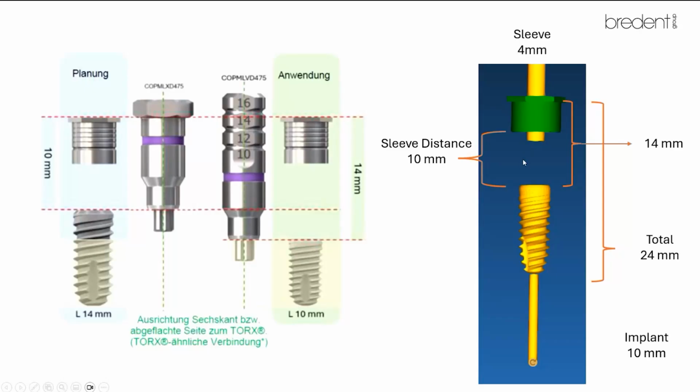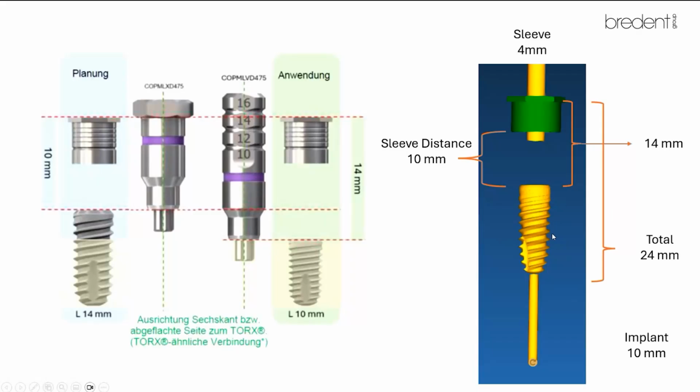Now I increased the sleeve distance by 4 mm. So instead of 10 mm, this total distance became 14 mm. Now instead of using this regular insertion adapter, you will be using this insertion adapter and placing it till 14. So when you increase by 14 mm, you follow the drill sequence of a 14 mm implant, but you place a 10 mm implant at the end.